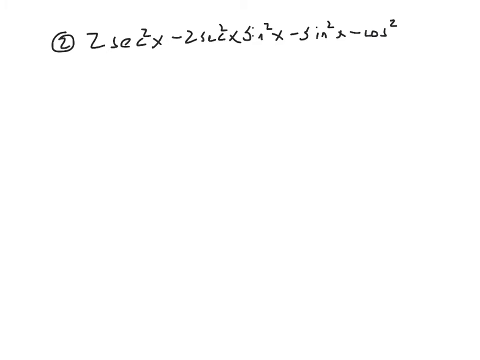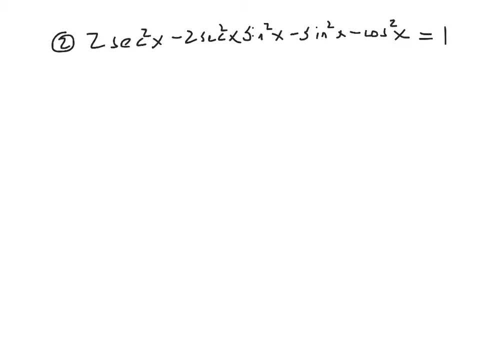So for this one, number 2, we're going to have 2 secant squared x minus 2 secant squared x sine squared x minus sine squared x minus cosine squared x equals 1. Well, my God, that looks terrible.